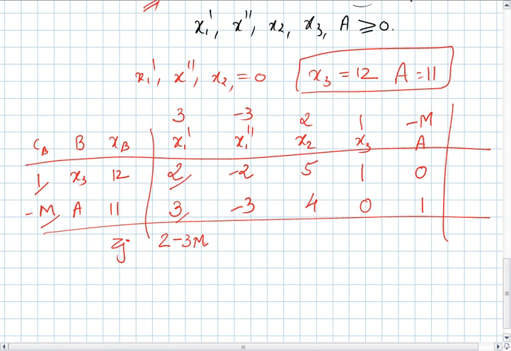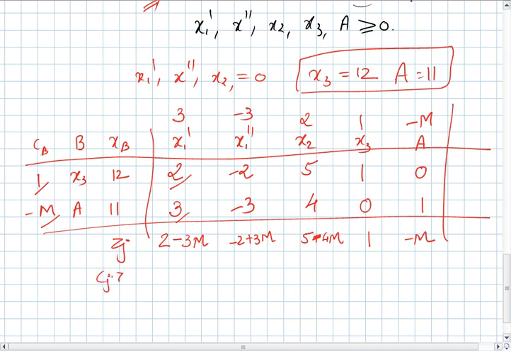Doing the similar for x1'': -1 times 2 is -2, -M times -3, so plus 3M. Then 1 times 5 is 5, plus 4 times -M, so -4M. For x3, 1 times 1 is 1, and 0 times 1 is 0, and -M times 1 is -M.